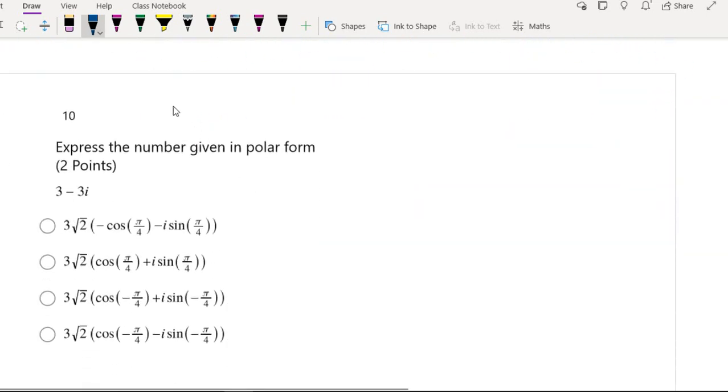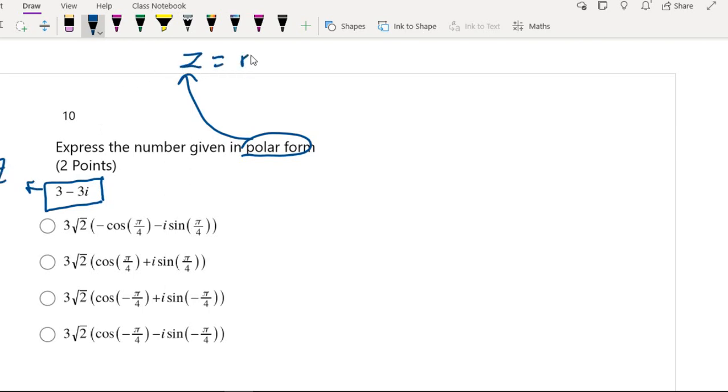The last one is also to express the given complex number in polar form. Let's say this is z. You need to express z is equal to r, the modulus, times cos theta plus i sin theta. So first step, change to the coordinate (3, -3).